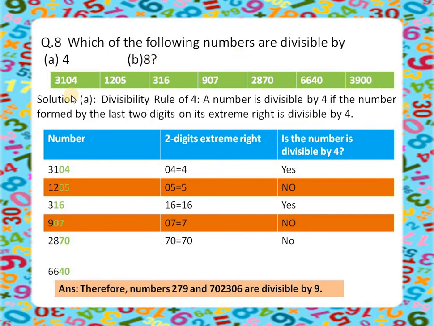So write down solution and know the divisibility rule of 4 first. Divisibility rule of 4 says a number is divisible by 4 if the number formed by the last two digits on its extreme right is divisible by 4.